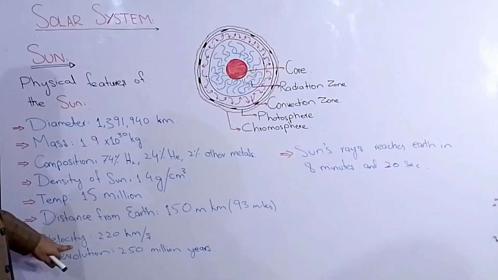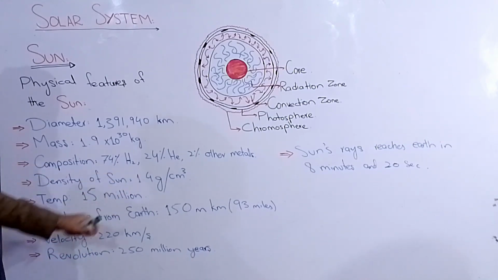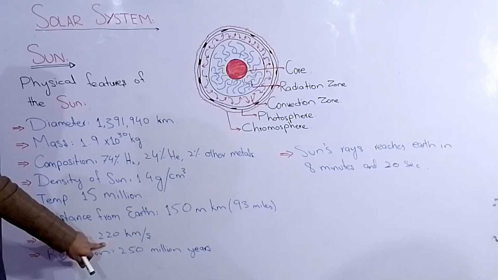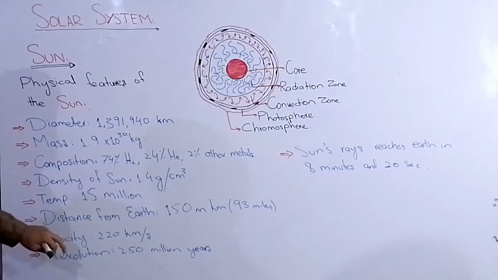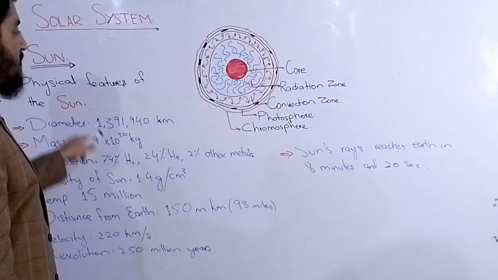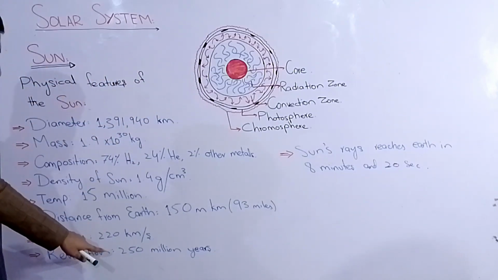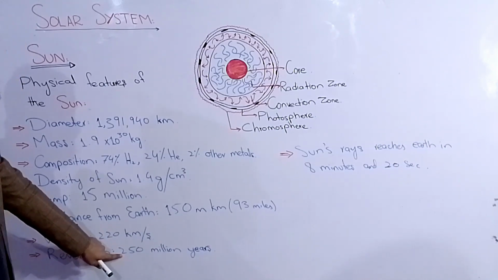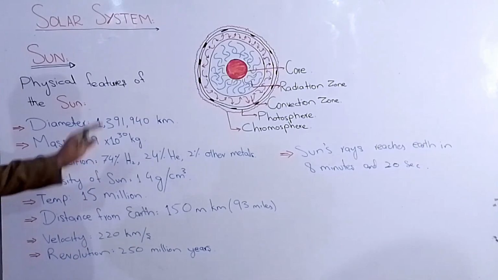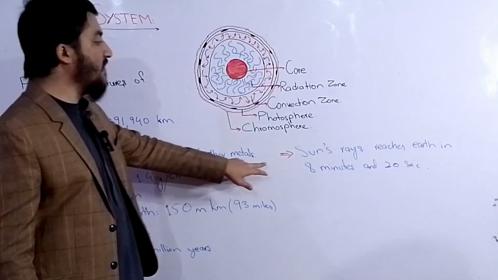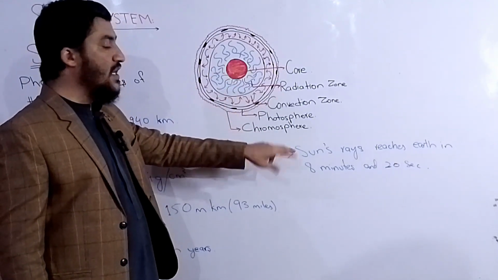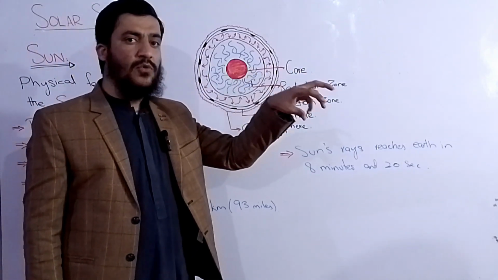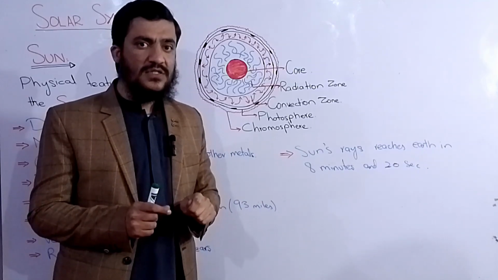Its velocity of moving around in the galaxy is 220 kilometers per second, while its revolution in the Milky Way takes 250 million years to complete one revolution. Lastly, it takes 8 minutes and 20 seconds for the sun's rays to reach the earth. So that is all about the sun. See you in the next lecture.